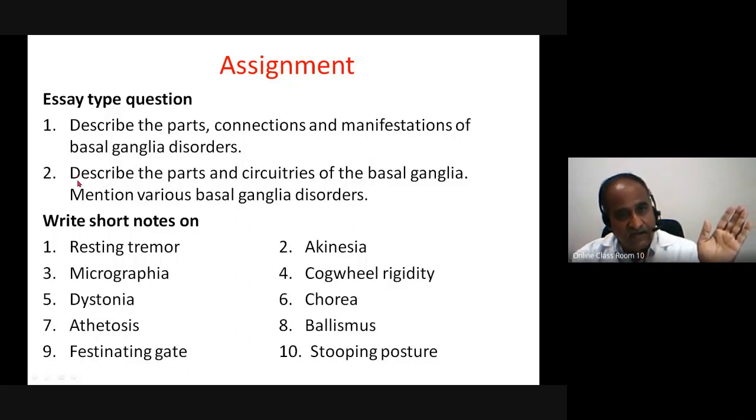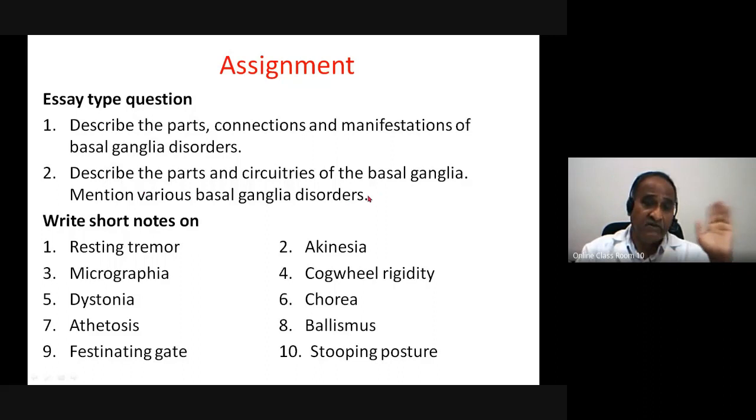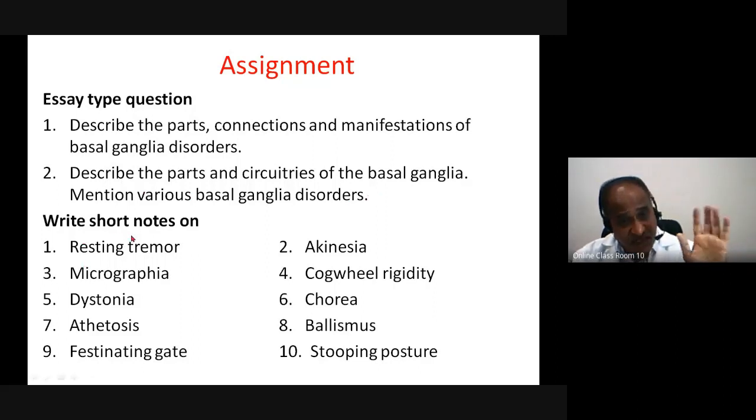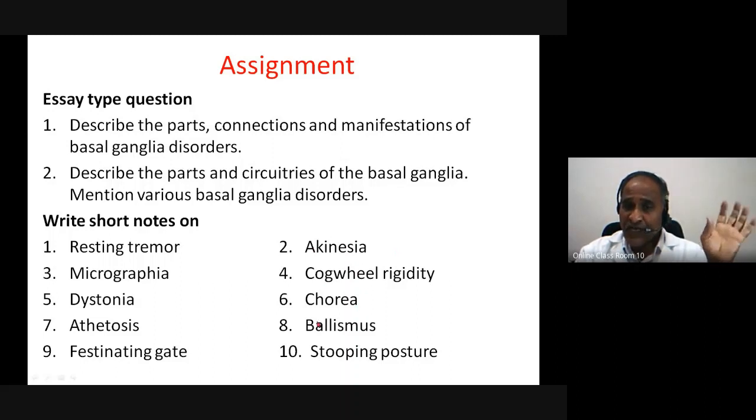Or there is a second question: describe the parts, the circuitries of the basal ganglia, and mention various basal ganglia disorders. I have just mentioned the various basal ganglia disorders. Then write short notes on resting tremors, micrographia, dystonia, akinesia, festinating gait, cogwheel rigidity, chorea, ballismus, a stooping posture.